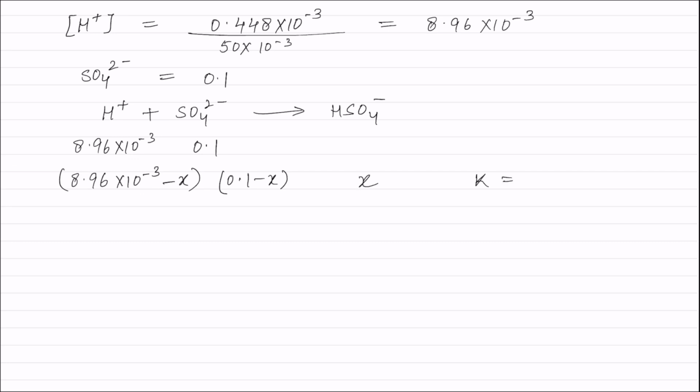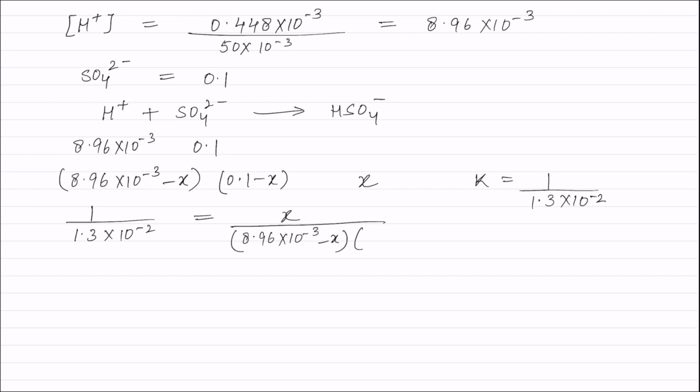The value of K for this equation will be 1 by 1.3 × 10⁻². Therefore, we can write 1 by 1.3 × 10⁻² is equal to X divided by the concentration of H⁺ ions, that is 8.96 × 10⁻³ minus X, into the concentration of sulfate ions, that is 0.1 minus X. Solving this equation, the value for X is equal to 0.00788.